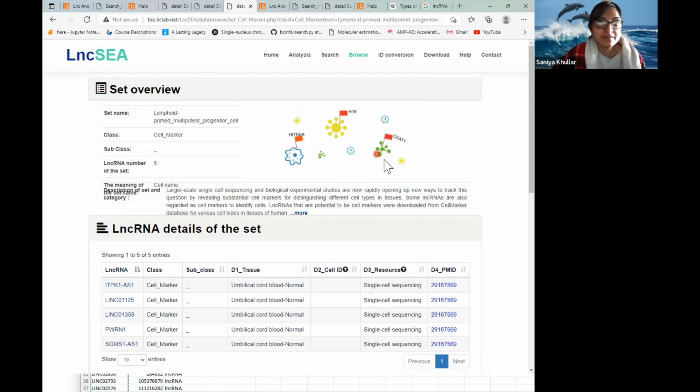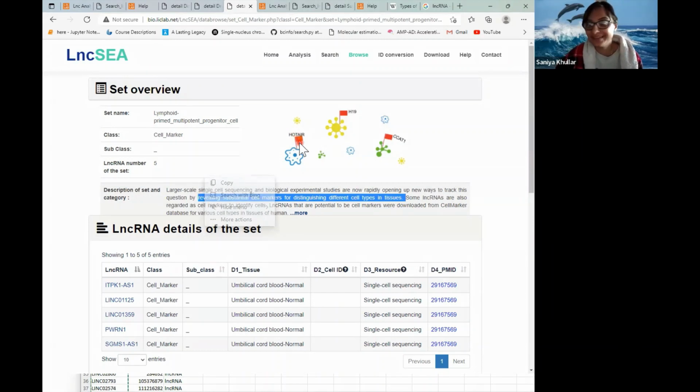So the cell markers data set is just trying to identify what cell these could be associated with. Some lincRNAs are highly expressed, or they are markers for different cell types and tissues as well. Like, they could be like, hey, I'm only highly expressed in neurons, for instance, or just highly expressed in kidney cells, or in pancreatic cells, or B cells, or T cells, or heart cells, right?